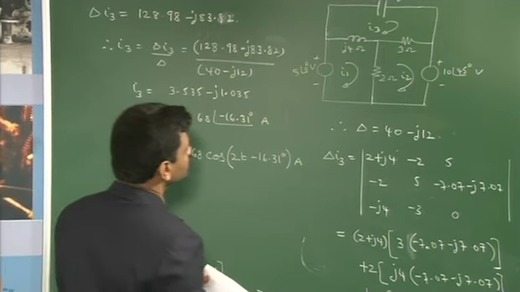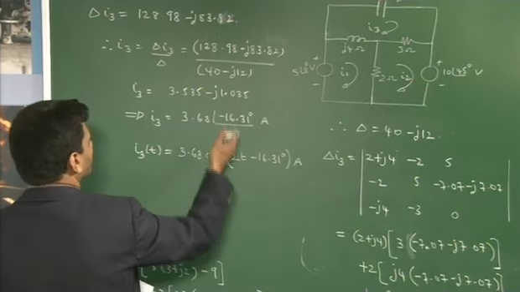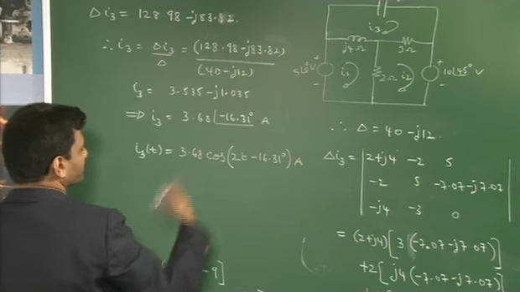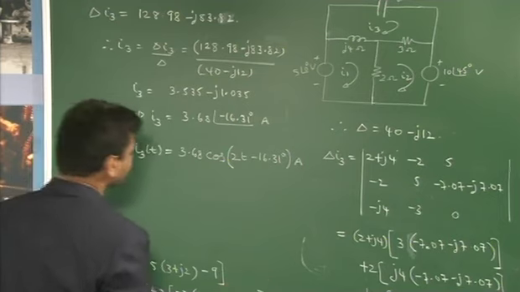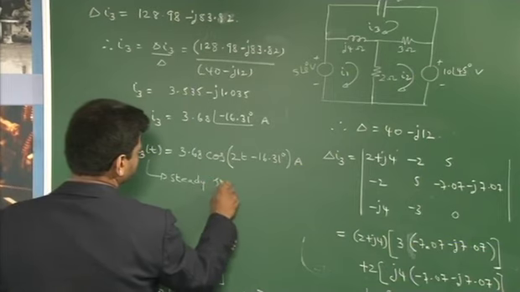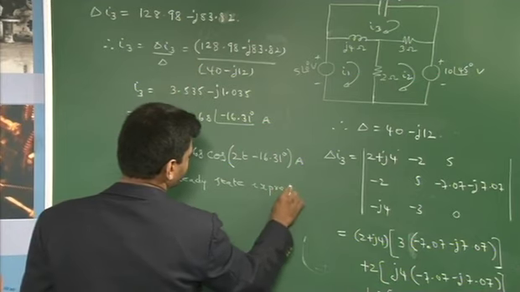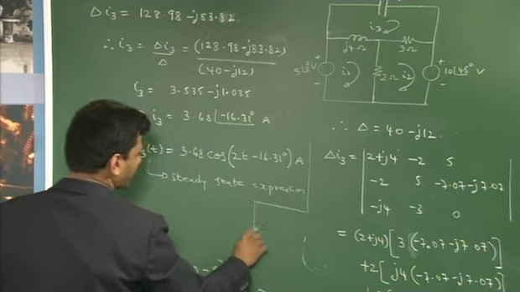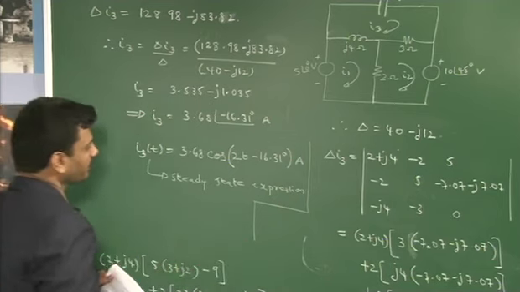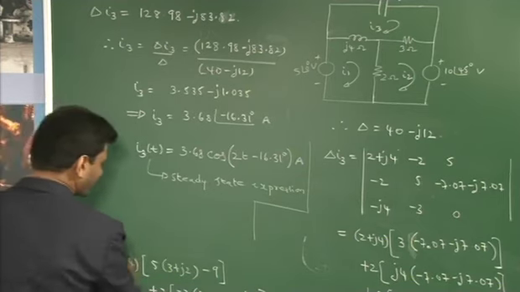Had the sources been represented using the sine function, you would have got the response in terms of phasors, but when you write the steady state expression, you would have written sine, that's all. This is called the steady state expression, because the current will follow this expression in the steady state, and steady state is the state when the circuit has completely settled down. More on this will be touched on in the initial conditions chapter.